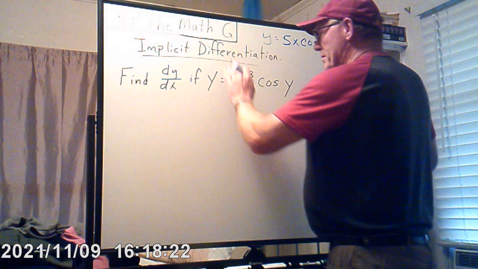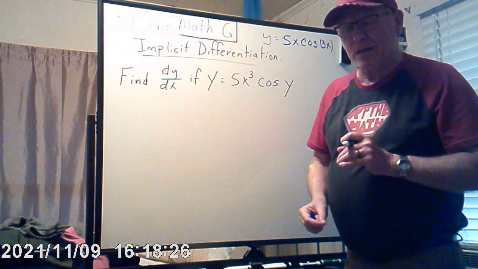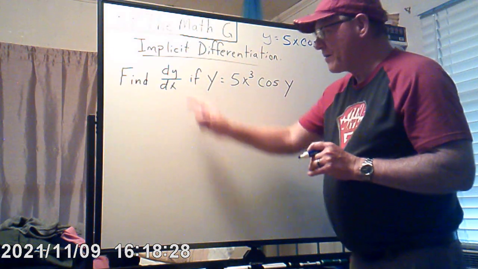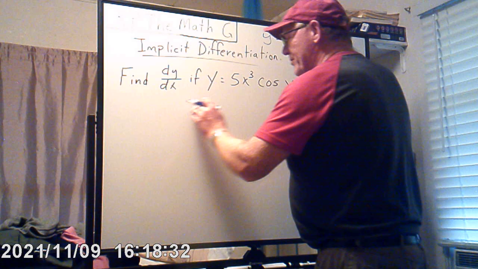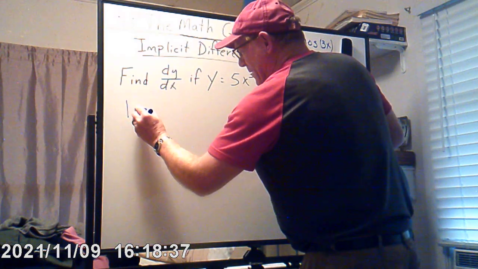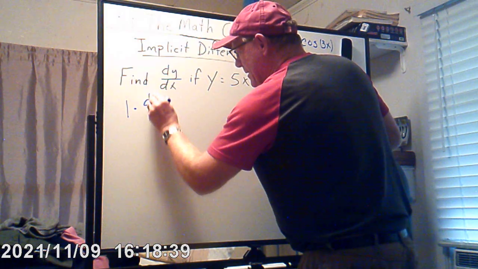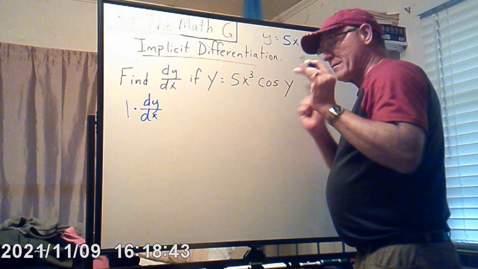So here we go. The rule is every time you differentiate y, you have to tack on a dy over dx at the end of it. So even on this left side, the derivative of y is just 1, but it's 1 times dy over dx. Okay, always remember that.